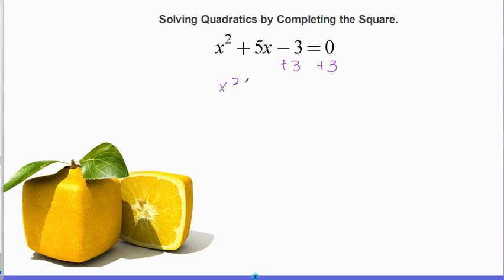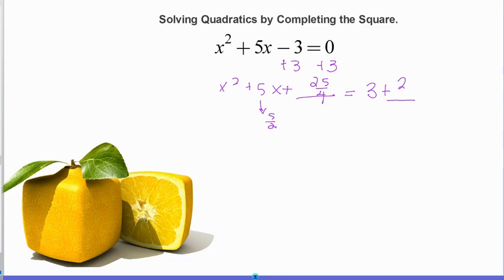So we've got x squared plus 5x plus something equals 3 plus that same something. I need to divide this in half, so 5 divided by 2. I'm just going to leave it as 5 halves, because for me, at least, it's way easier to square it like this, because when I square 5 halves, I get 25 fourths.